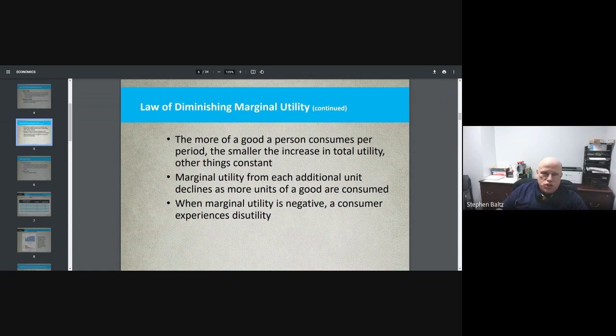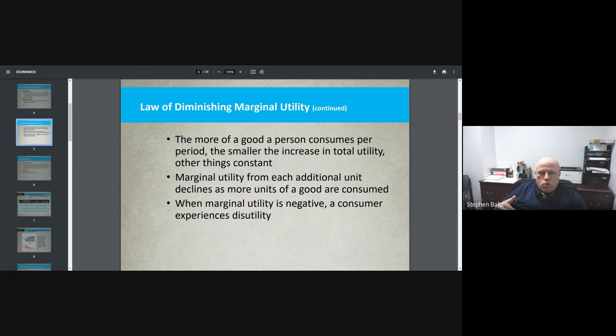In other words, the additional satisfaction that we get from each additional unit is going to fall. We're going to get less and less additional utility as we consume more of the same good within a specific time period. And eventually, marginal utility may become negative. It doesn't have to, but in some cases, it may turn negative, which means that the consumer is experiencing disutility.